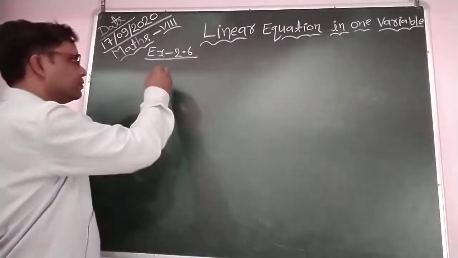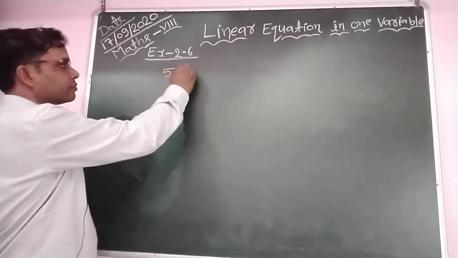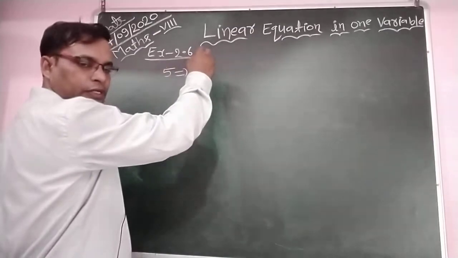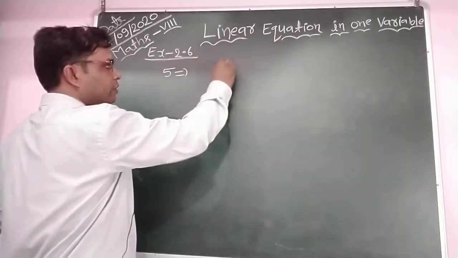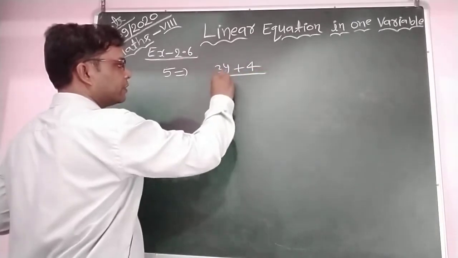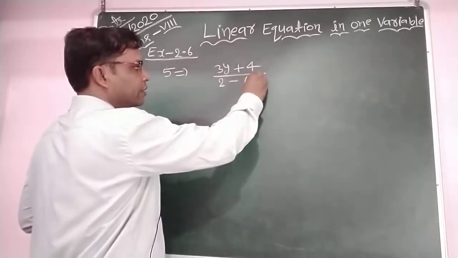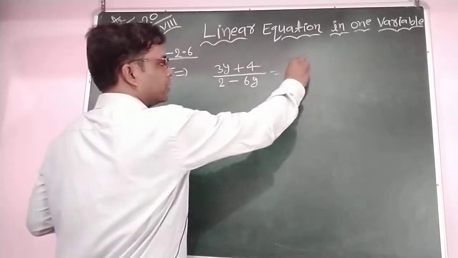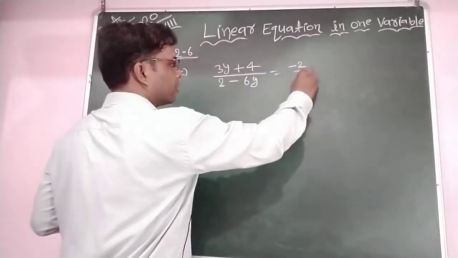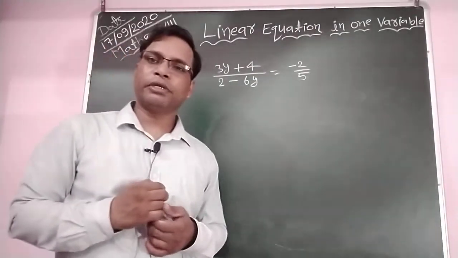Question number 5. In this question, we have (3y plus 4) by (2 minus 6y) is equal to minus 2 by 5. Clear? So here we also use the cross multiplication method.